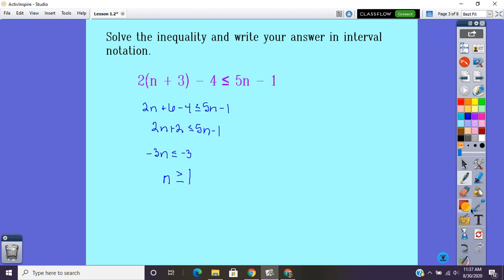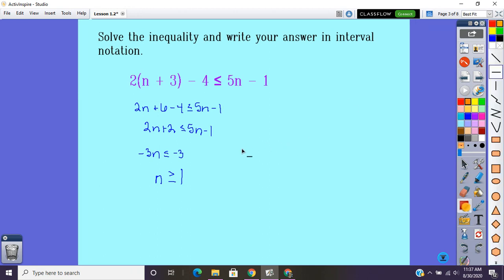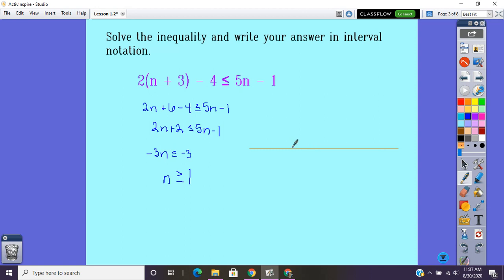Once again, graphing it is not required, however, it is helpful. So I'm going to mark my 0. 1 is going to be off to the right of this, and it is a closed circle, and it moves greater than, which means it's off here to the right. So our interval notation will then be x is an element of, we start at 1, and it can equal 1, so we use a bracket.